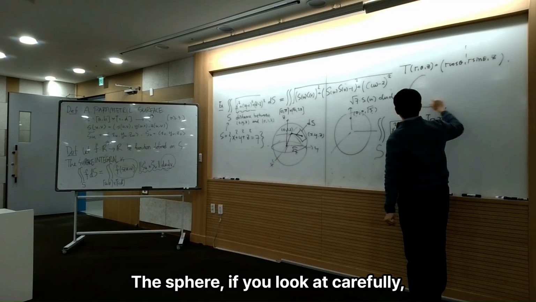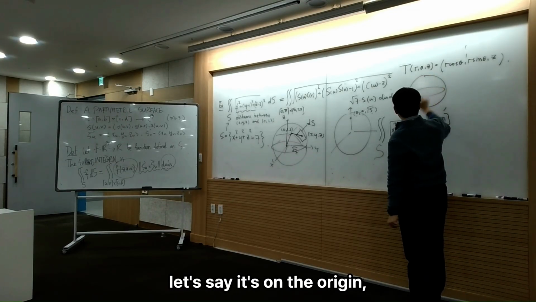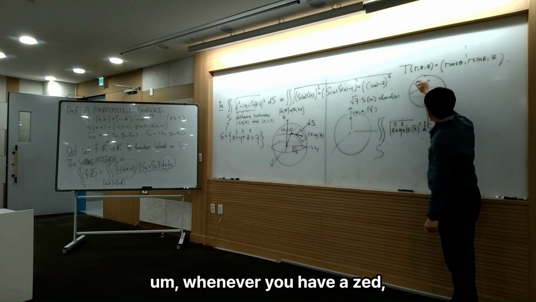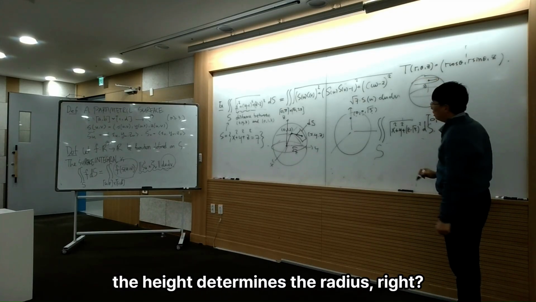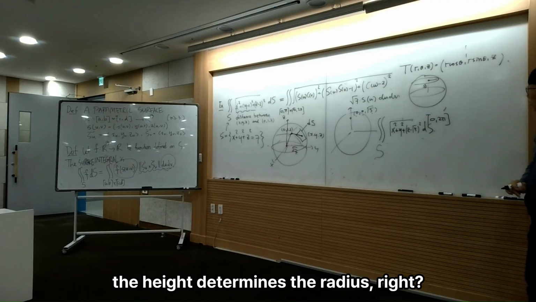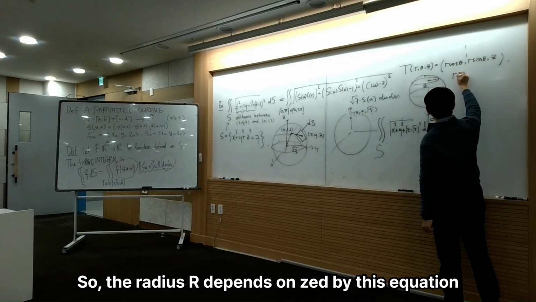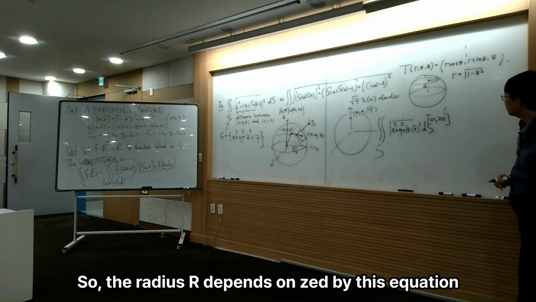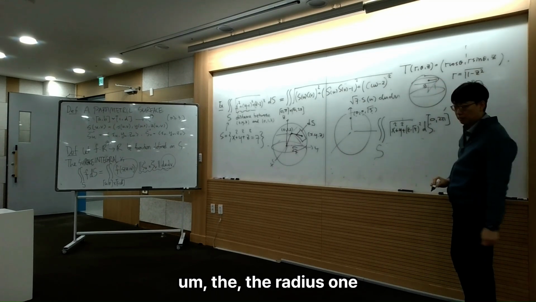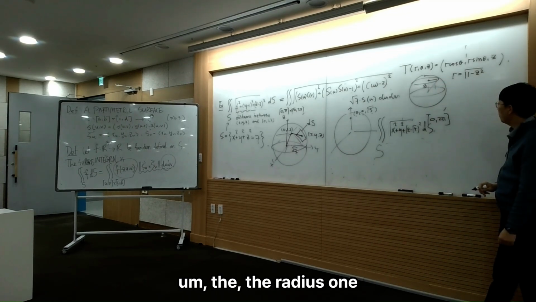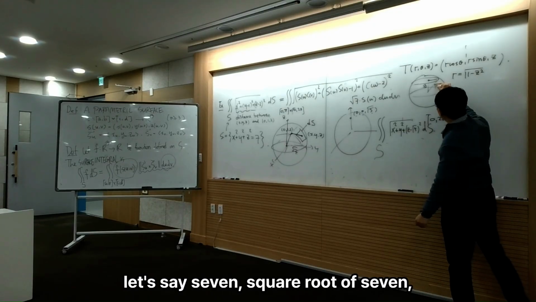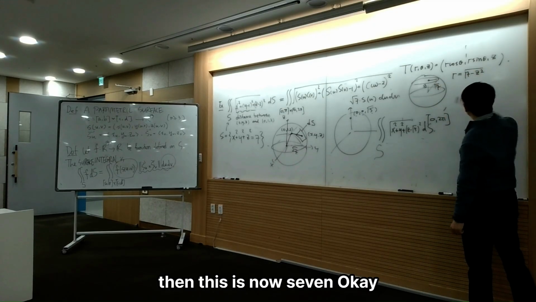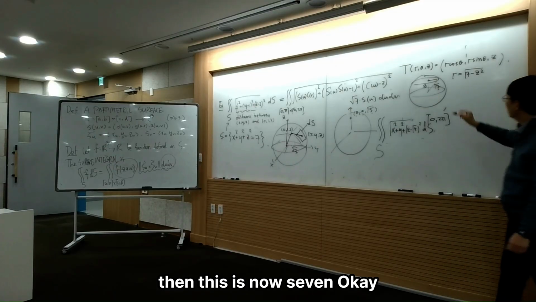The sphere, if you look carefully, let's say it's on the origin. Whenever you have a z, the height determines the radius, right? So the radius r depends on z by this equation. I'm assuming the radius squared is 7, so r is the square root of 7 minus z squared.